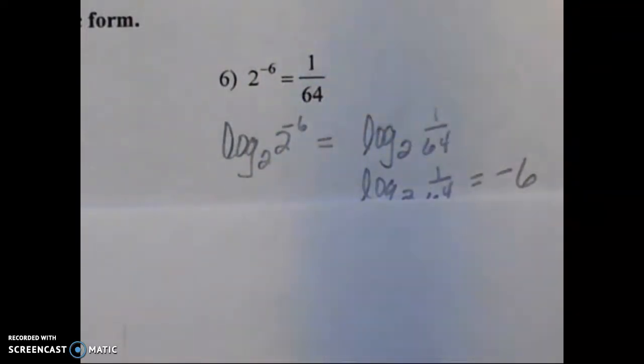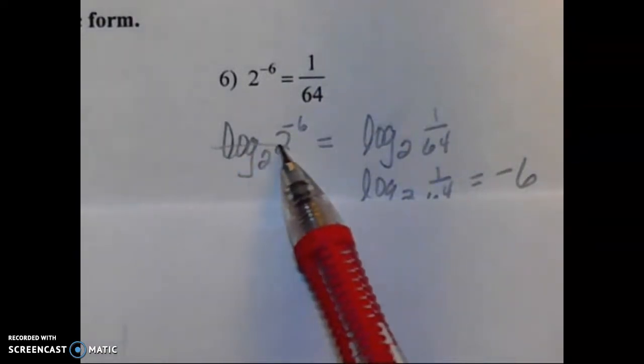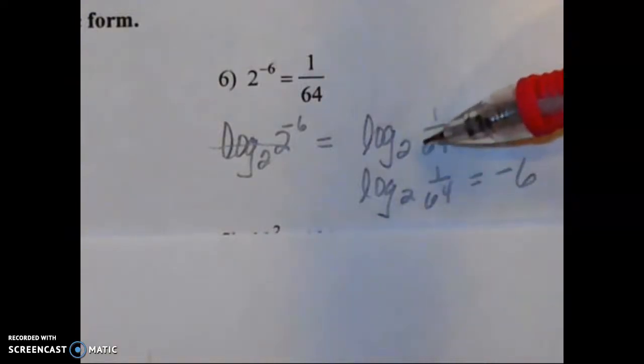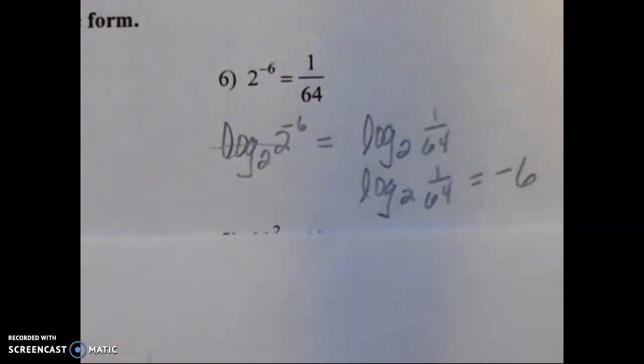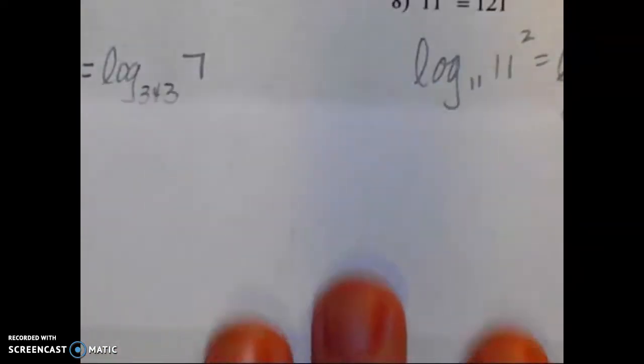See it? On the left side, log sub 2 and 2's cancel. You're just going to have the negative 6 left. And you can't do anything with this. It stays the same. Okay, if you're confused, go back and look at numbers 5 and 6 again, but let's keep going.